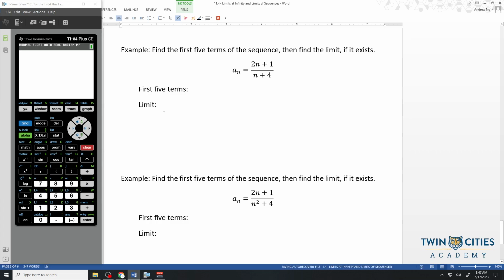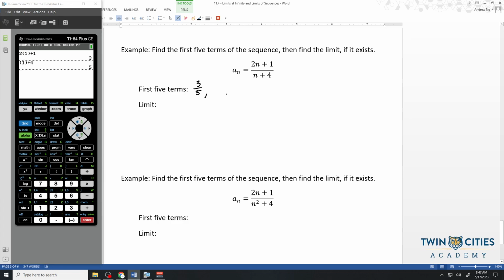So if I were to plug in 1, the top part would be 2 times 1 plus 1, and the bottom part would be 1 plus 4. It would be 3 over 5, my first term.